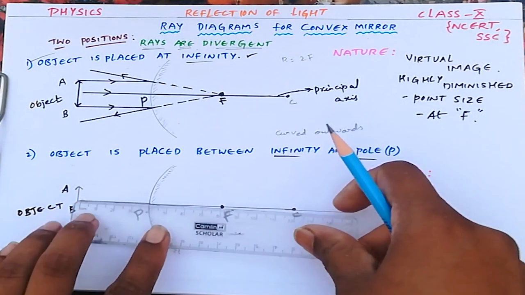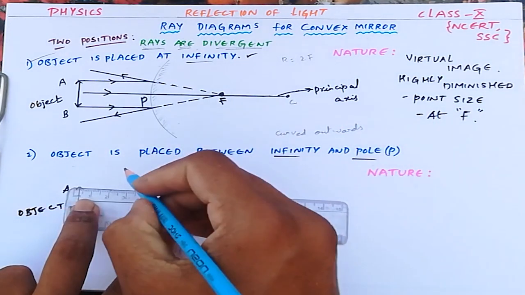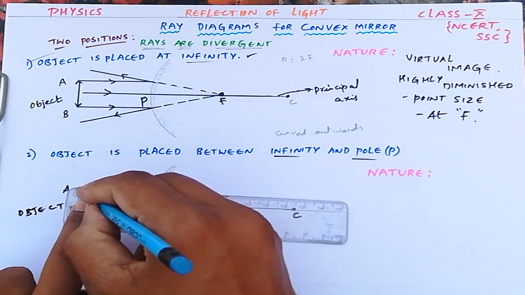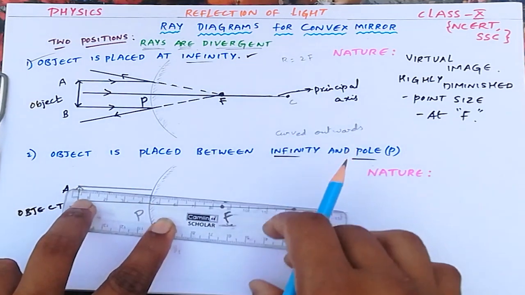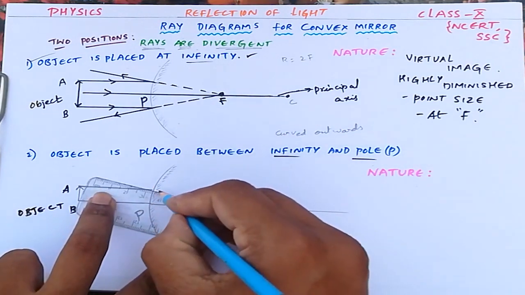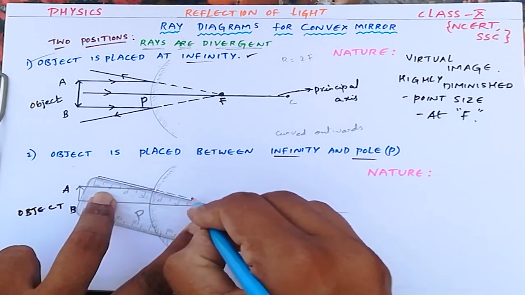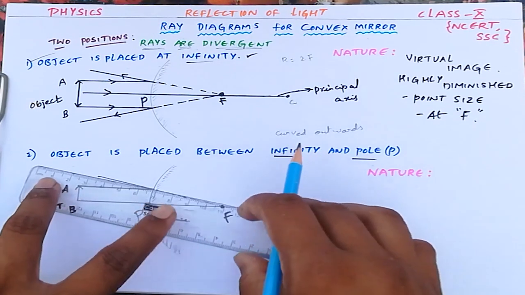Now from the top of the object we'll draw a parallel ray onto the pole. Incidence, and the reflection will be from the focus. So this side dark, and inside we'll draw with dotted lines.